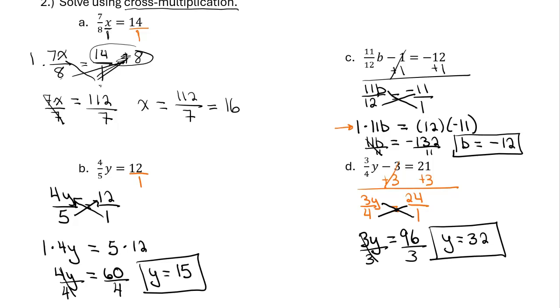So my suggestion, these two methods: if you prefer multiplying by the reciprocal, go ahead and do that first, but then do the same problem using cross multiplication, or you could do it the other way around when you're practicing. Do cross multiplication and then do the reciprocal and make sure that you're getting the same answer. That's the only way that you're going to start getting more comfortable with the thing that you feel least secure about right now.